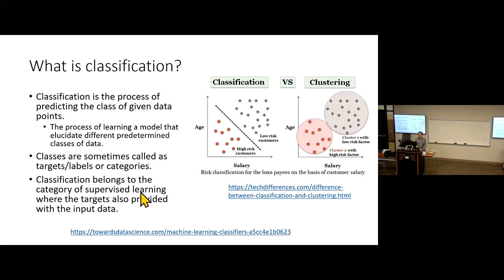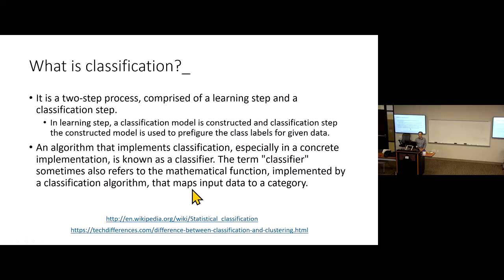This is called supervised learning. So that's two steps. First, the learning step, where you use training data to train the model, to train the classifiers, and get it set up. And then you do the real classification step.